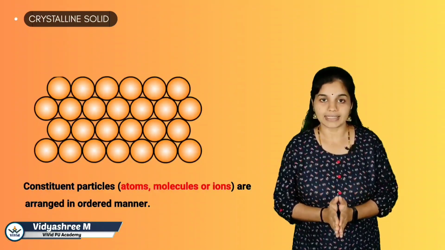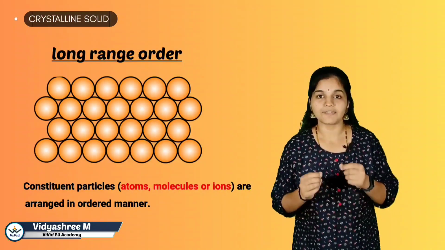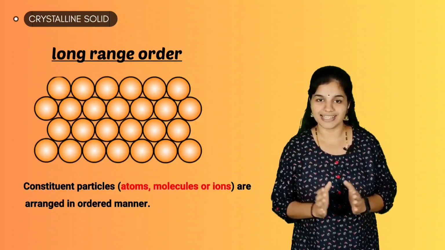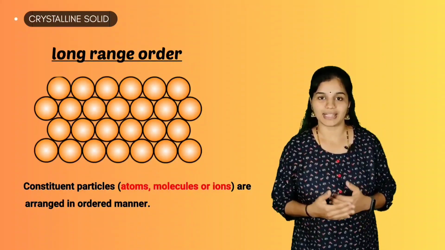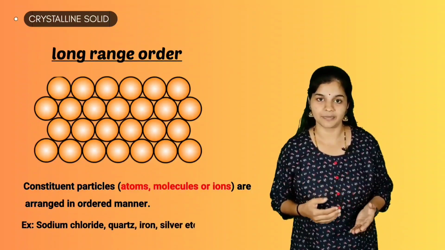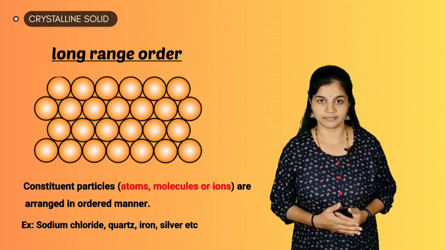So, I can tell that crystals have long range order. At every point, if you check, the arrangement of particles will be observed as the same. For example, we can consider sodium chloride, quartz, iron, silver, etc. All these are examples of crystalline solids.